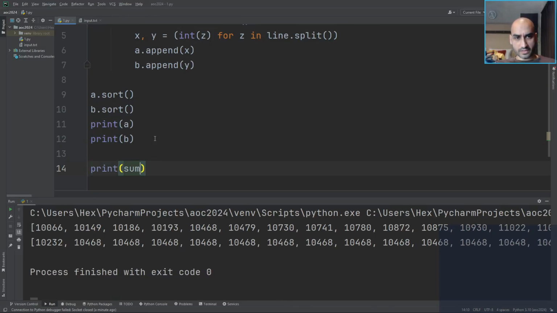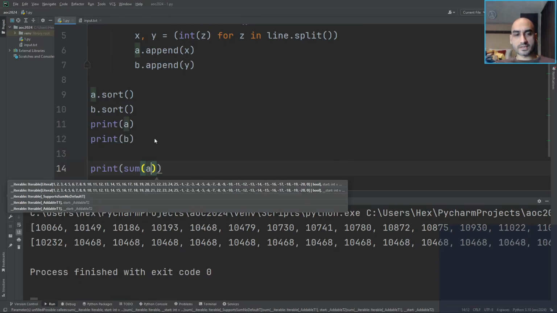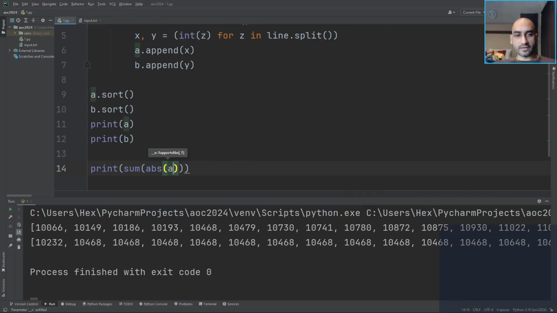And now we want the sum of, so it's going to be like the absolute value of A[i] minus B[i]. Do we want absolute, or do we want raw distance? Yeah, it's absolute value. Doesn't matter which one's bigger.